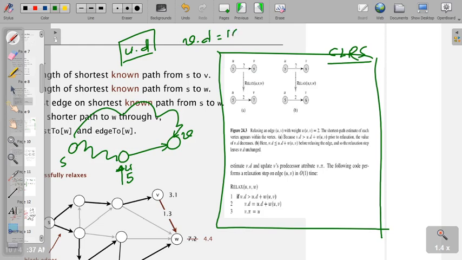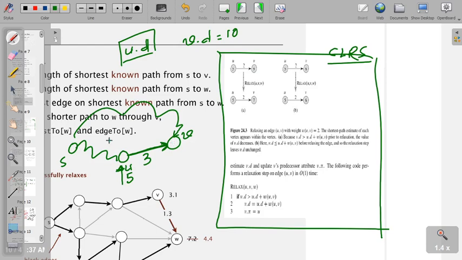Say that was 10, some other path. Before discovering this, I already got this. Now once I have discovered this, I am seeing that from here to here, I can go with some cost, say 3.